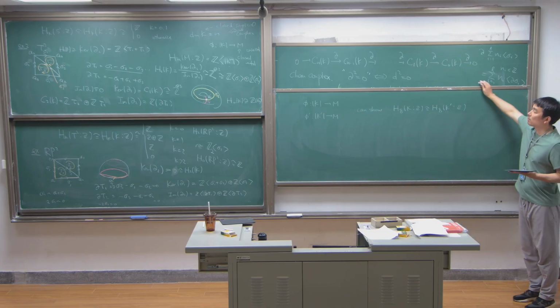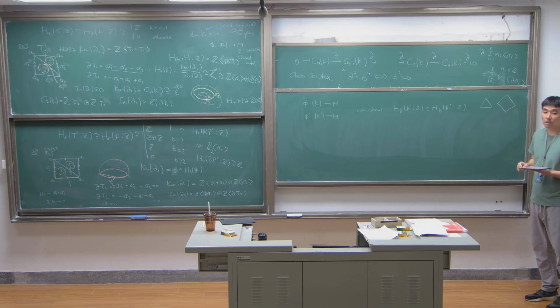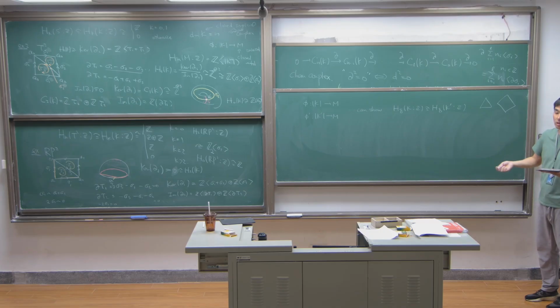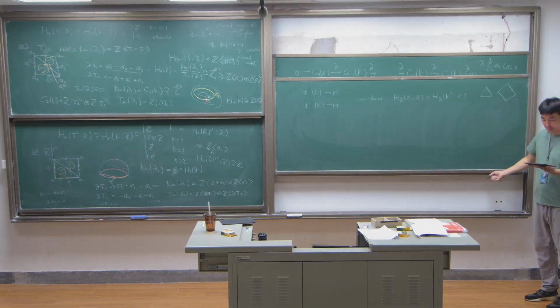For instance, for the circle S1, you have a triangulation this way or this way, two types of triangulation, but it's independent of how you do the triangulation. That I will explain briefly later.